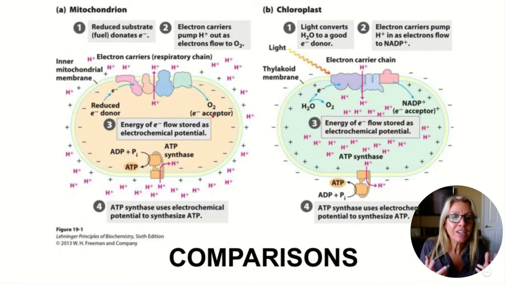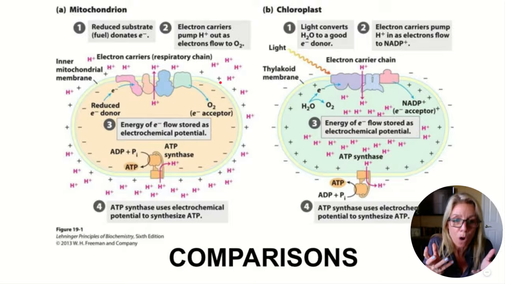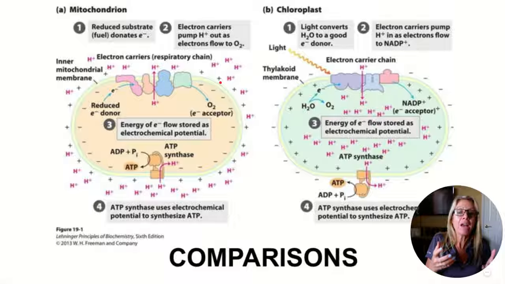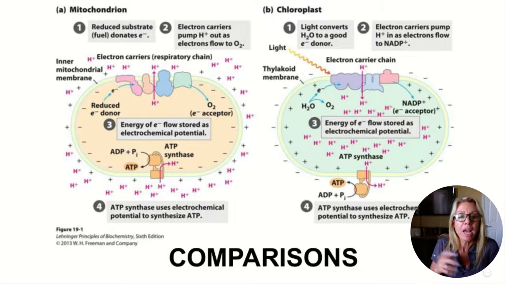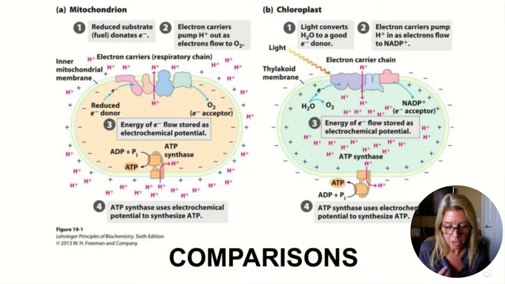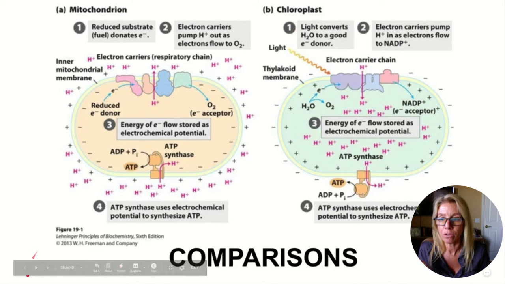So the irony here is that in mitochondria, oxygen ends up forming water. But in the chloroplast, what was the first thing we did? We split water, and we used those electrons to go through our photosystems, and we released oxygen. So just kind of comparing and contrasting those two.